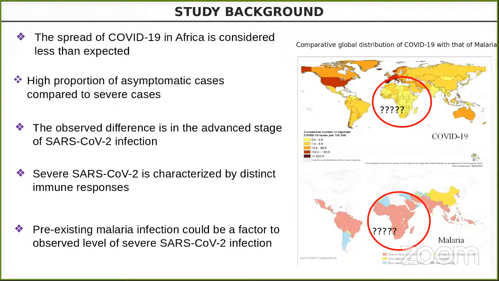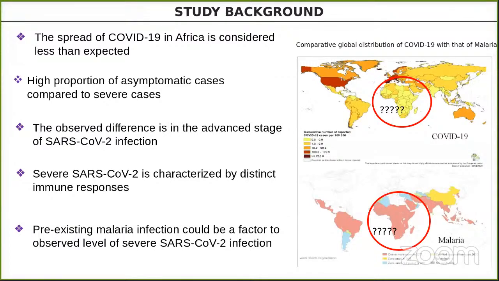And then we see a high proportion of asymptomatic cases in malaria endemic regions as compared to other parts of the world. The major findings have postulated that these major differences in SARS-CoV-2 infections across malaria endemic and non-endemic regions are a result of the severe stage of the SARS-CoV-2 infection.